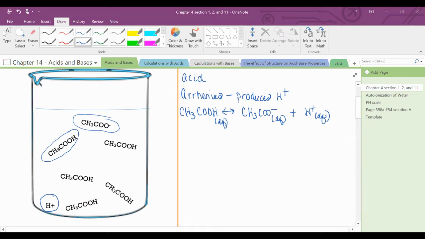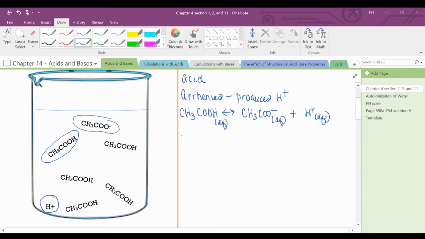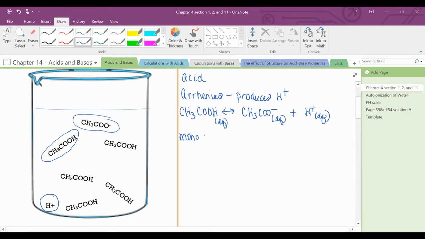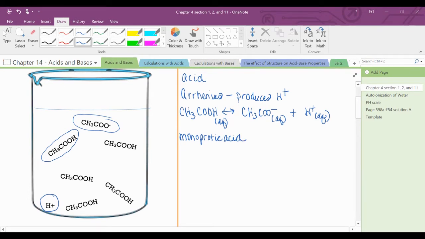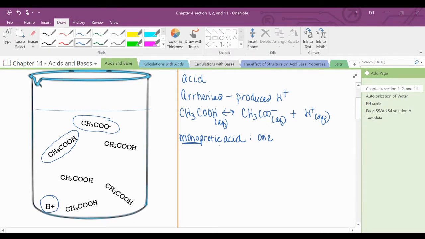Another way to define acetic acid, which is the component that we have in vinegar, is we can also describe this as being a monoprotic acid. And when I say it's monoprotic, mono we should know means one. And this means proton.